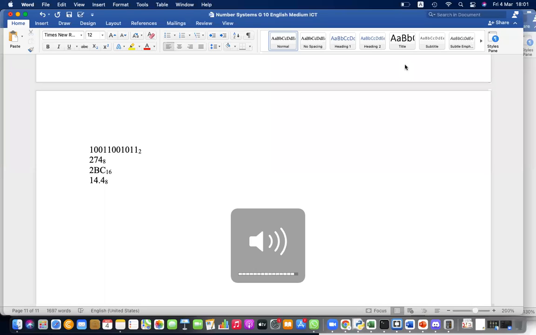Let's see the values now. Okay, this is a bit longer. You have 1, 2, 3, 4, 5, 6, 7, 8, 9, 10, 11 digits. So this will be 2 to the power 10 then. 11 digits are there now.